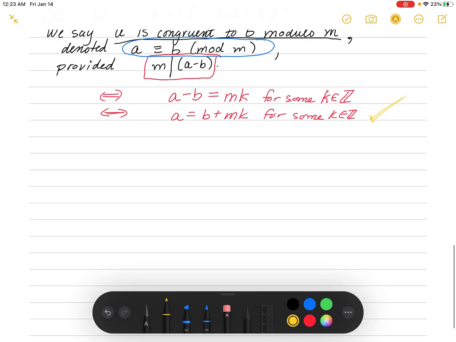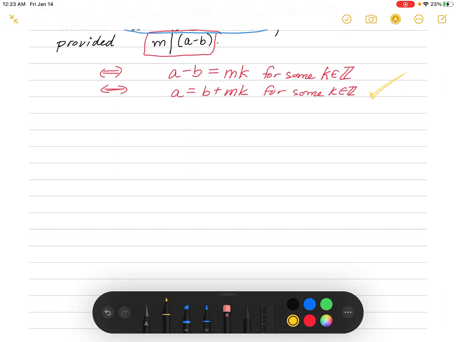So we're actually going to determine if a is congruent to b mod m in some exercises here.